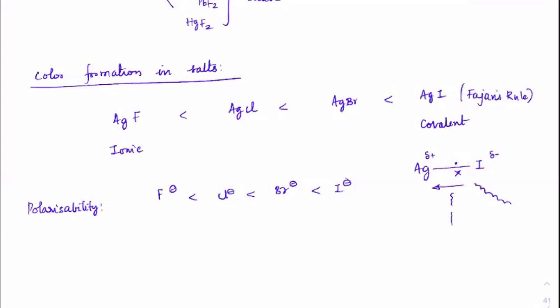So whenever the bond electrons are absorbing the light, the reflected light which is coming will be more of a yellowish color. Suppose these electrons do not accept the light at all, what would happen? If they do not accept the light, whatever light falls, everything will get reflected.